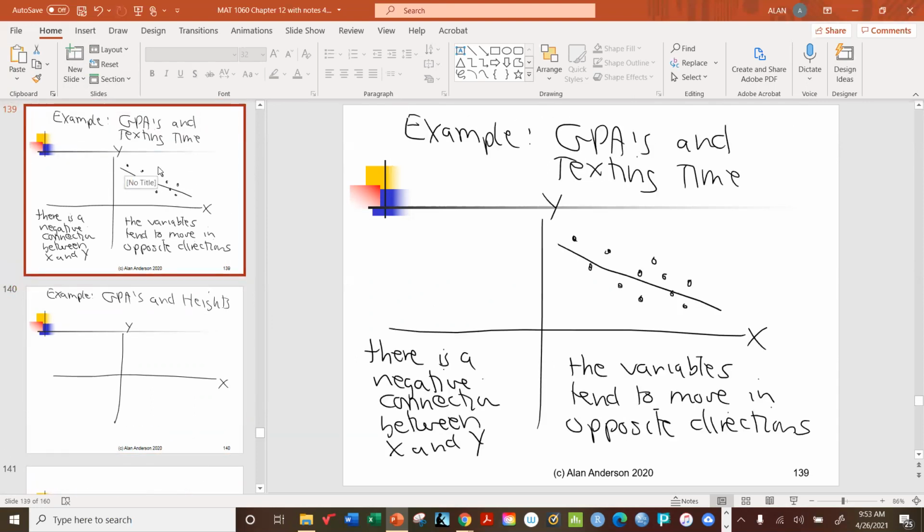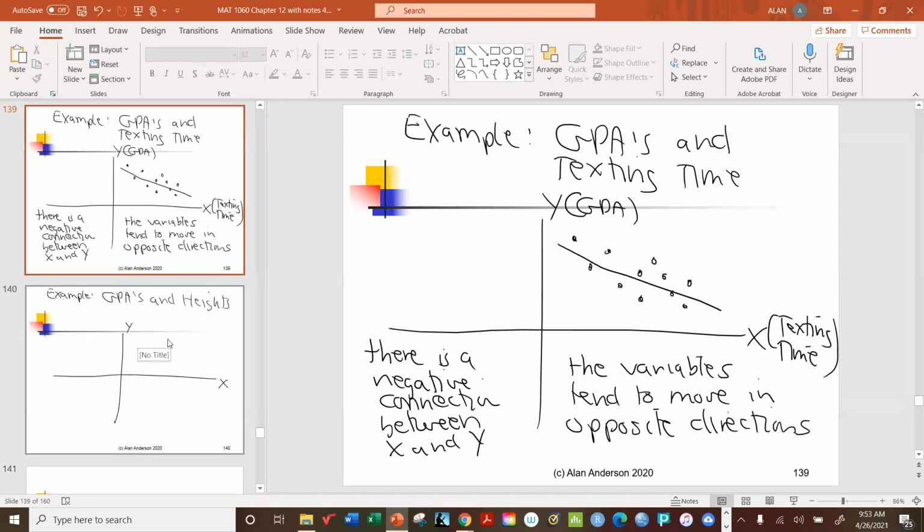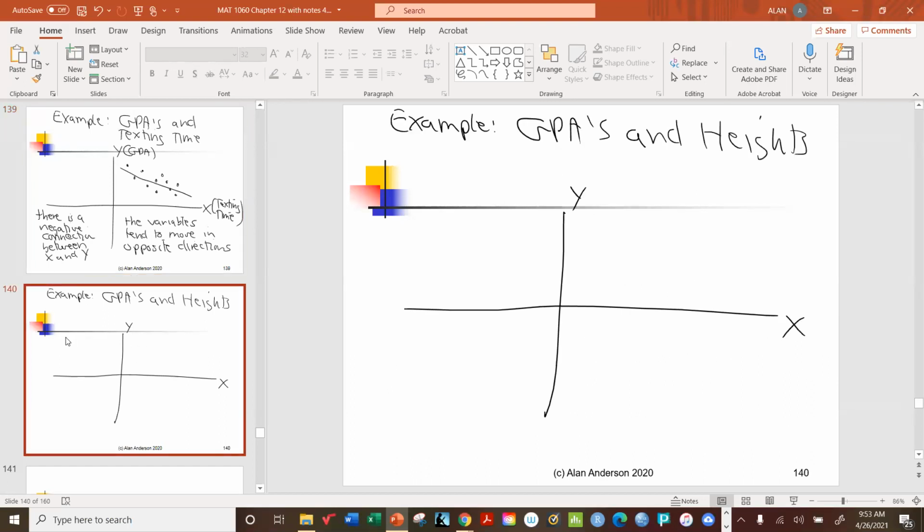I just want to remind you, this is GPA and this is texting time. Okay, because we assume that the texting time is determining the GPA, not the other way around. All right. So here then, I want GPA to be Y and height to be X.